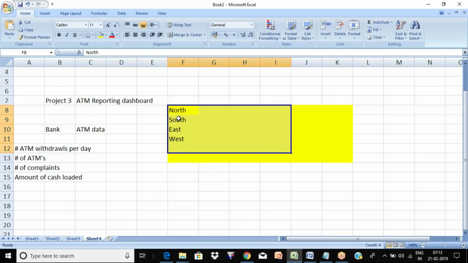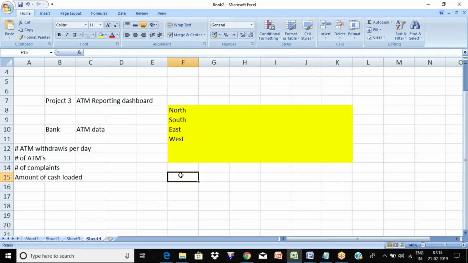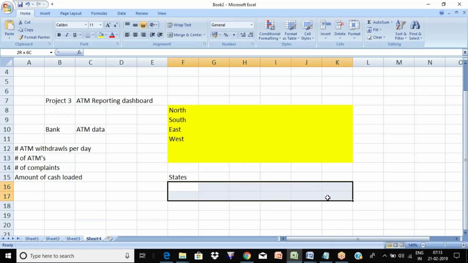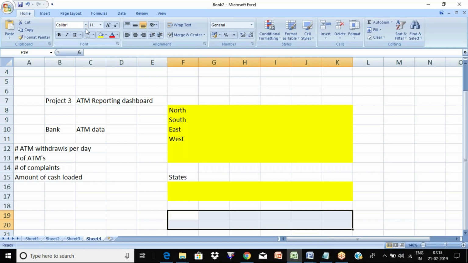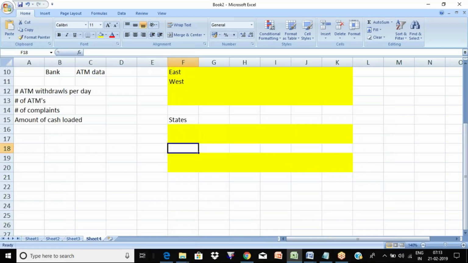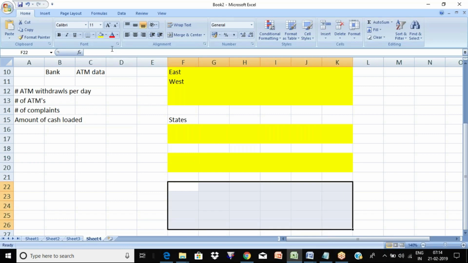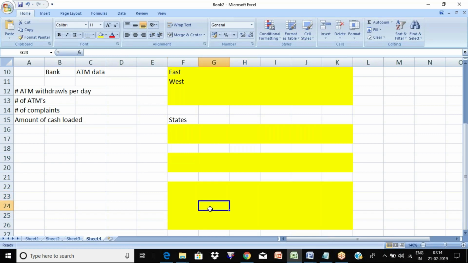If I click on south, in the next table I would see the different states, state-wise. If I click on a particular state, let's say Telangana, it will give me the list of cities which have ATMs. If I click on a particular city, in the city you would have multiple ATMs, right? So when I click on a particular city or area or pin code, at the bottom you would see the list of ATMs. So it all depends.